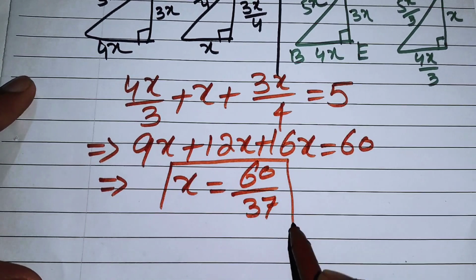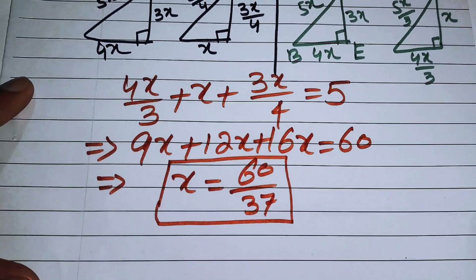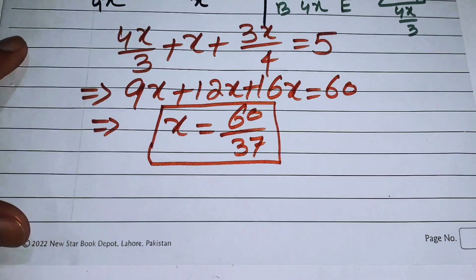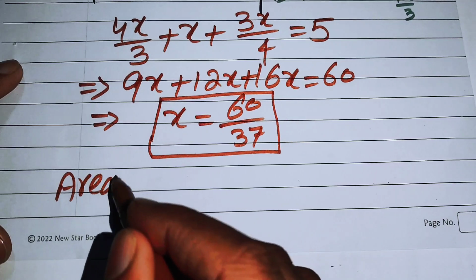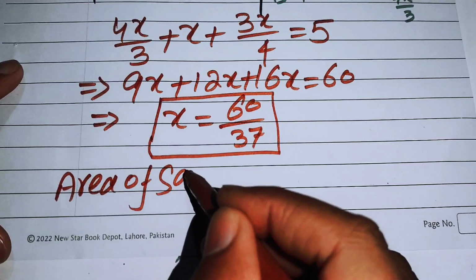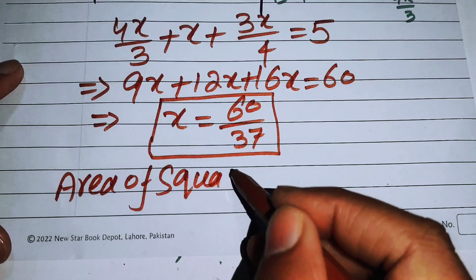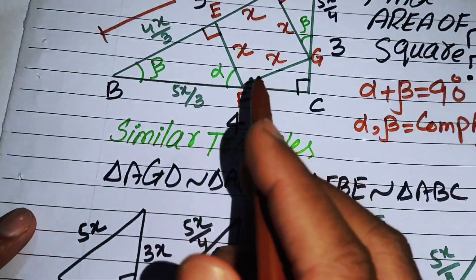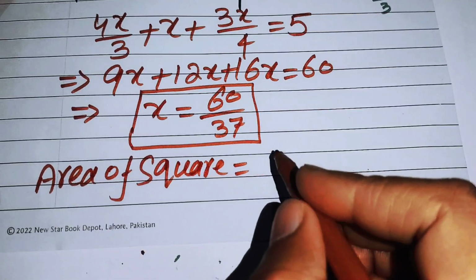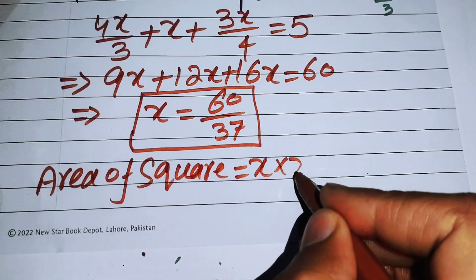So this is the value of x, but here our target is to find the area of the given square. So we have area of square DEF equals length times width, because our length and width are the same. So we get here x times x.